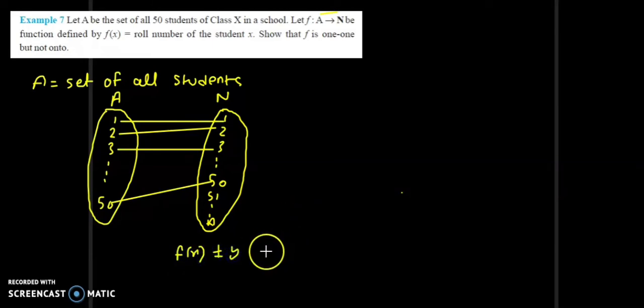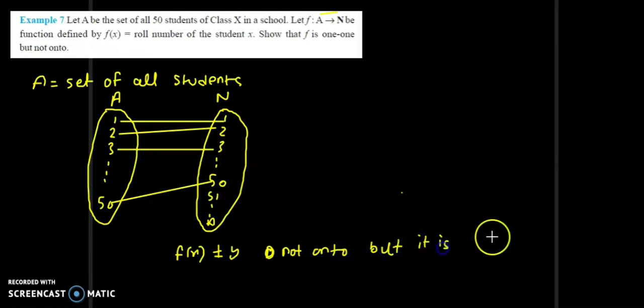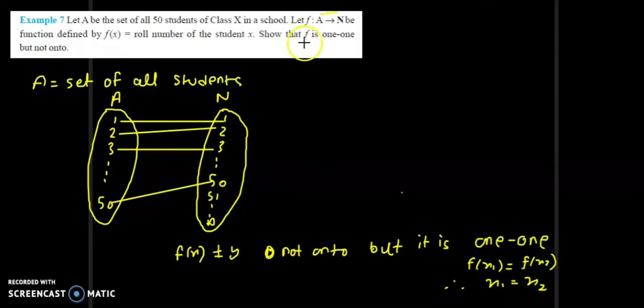The function is not onto, but it is one-one, because f of x1 equal to f of x2 implies x1 equal to x2. So the function is one-one but not onto.